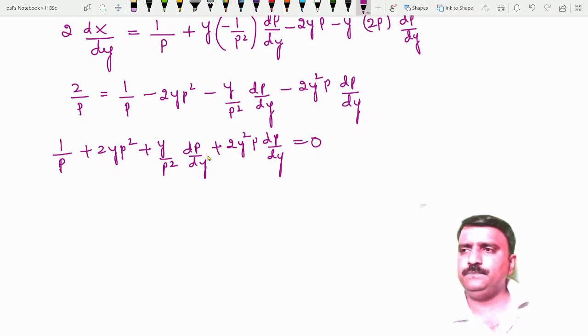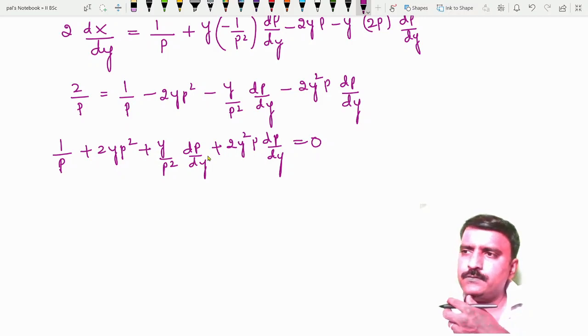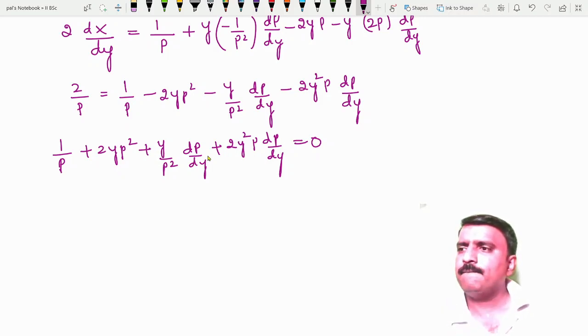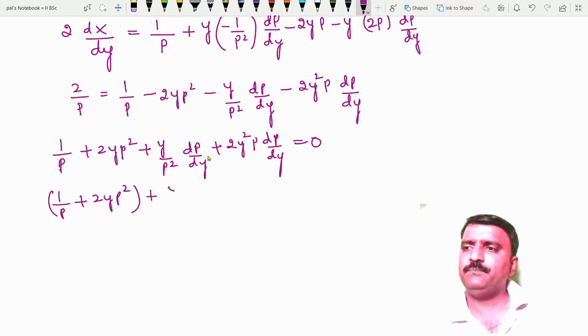Okay, now you take a common factor. Here you keep this factor 1 by p plus 2yp square as it is, plus here you take y by p as a common factor. So y by p into dp by dy, you take it as a common factor.